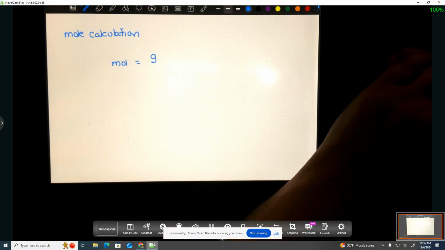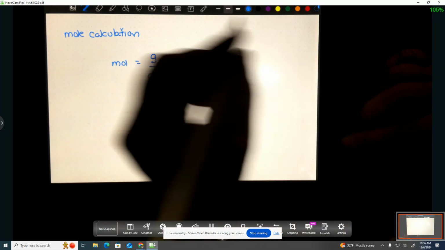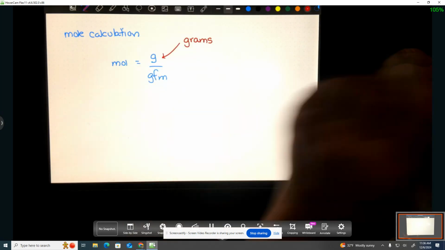Okay, about the second or third, it's the second box down. It says mole calculations. Everybody see it? Yeah. Okay, and there's a formula. And that formula says moles equals grams, and they say given mass is given in grams, divided by gram formula mass. This top number is grams, and it's given to you.